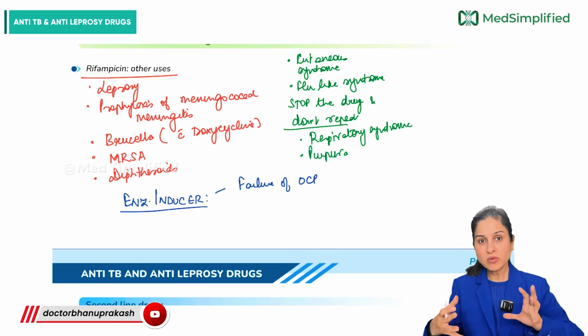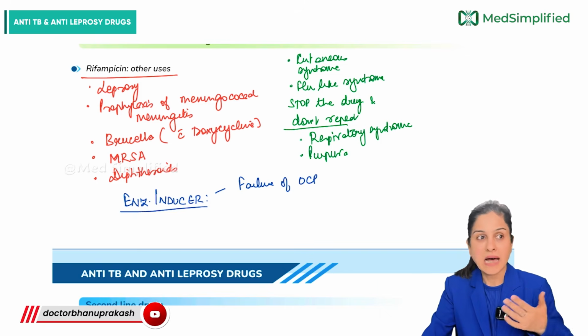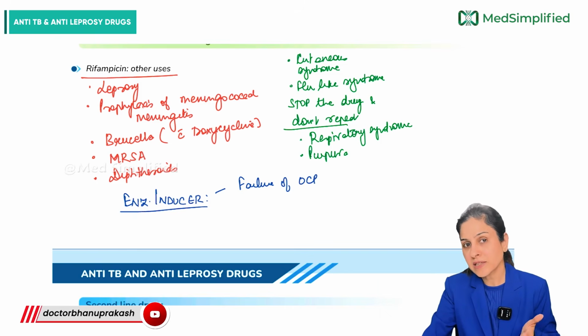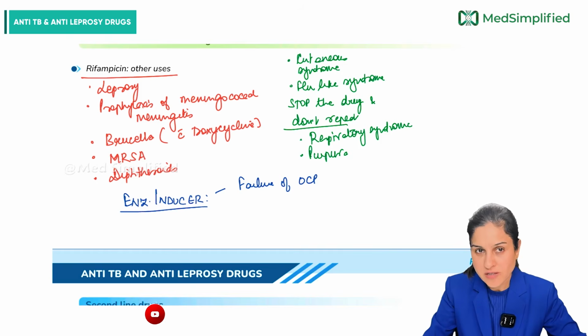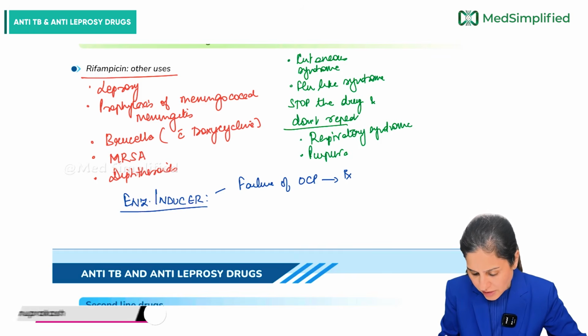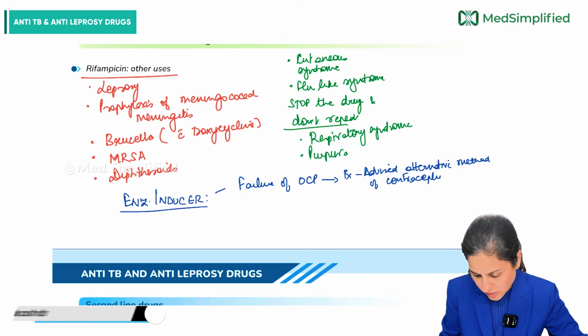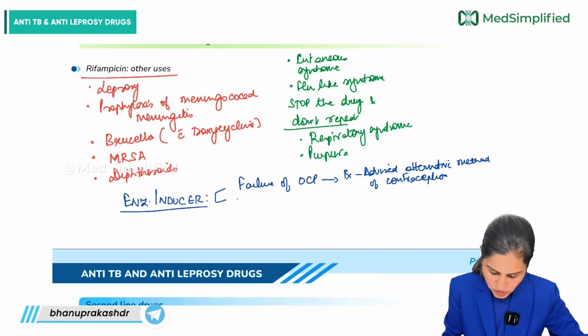If a lady who is a TB patient is on rifampicin, and she is either already taking or starts taking OCPs, there will be failure of contraception because of increased metabolism. So what is the treatment? She has to be advised an alternative method of contraception.